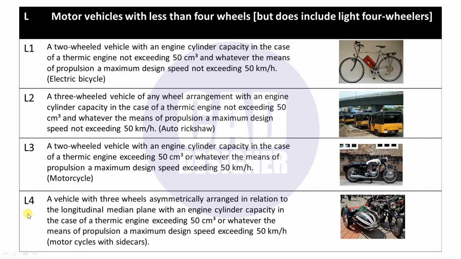Then the L4 category: a vehicle with three wheels asymmetrically arranged in relation to the longitudinal median plane, with engine capacity exceeding 50 cm³ and speed also exceeding 50 kilometers per hour. In the L4 category, motorcycles with sidecars come. See this image: this type of vehicle comes under the L4 category.